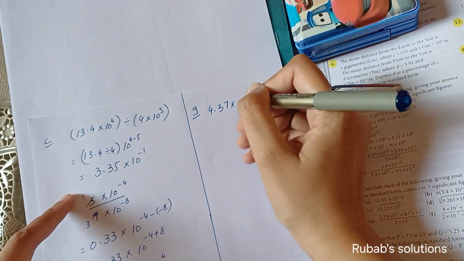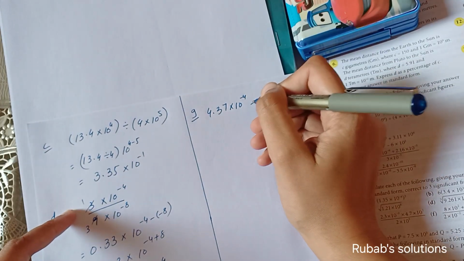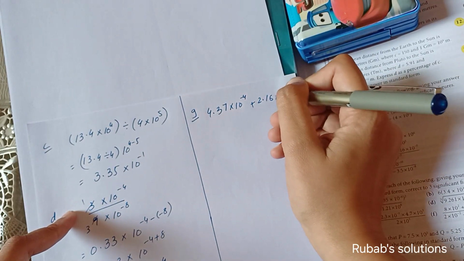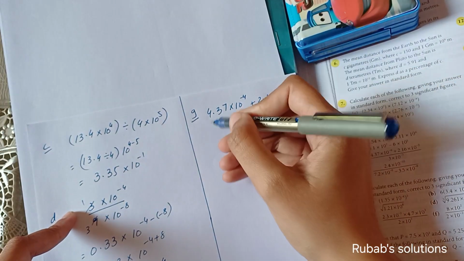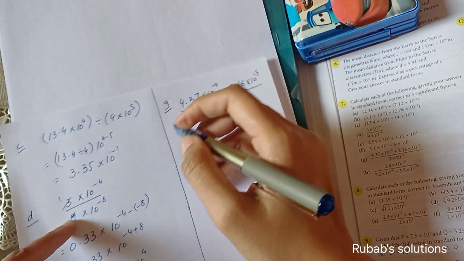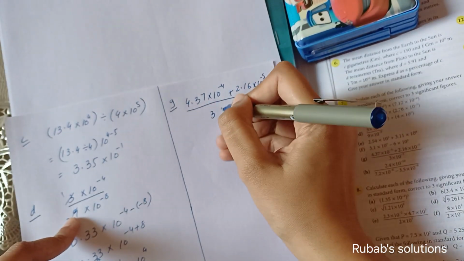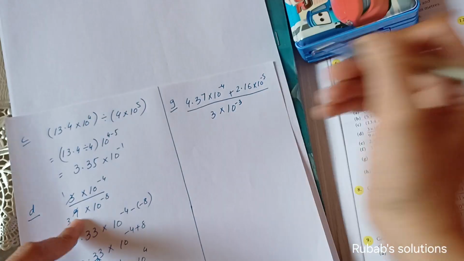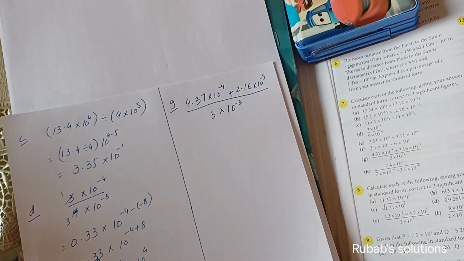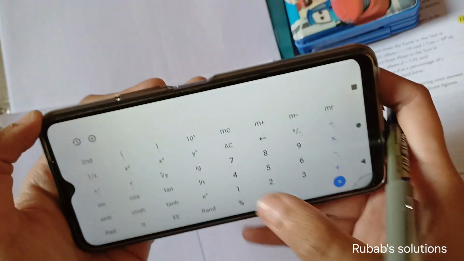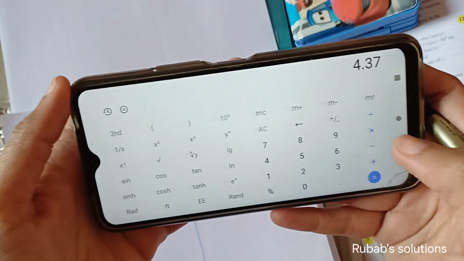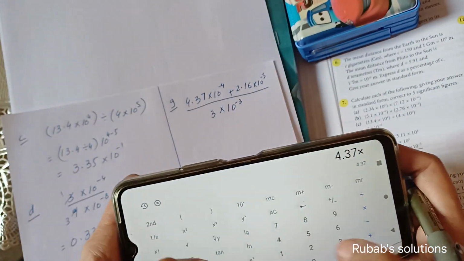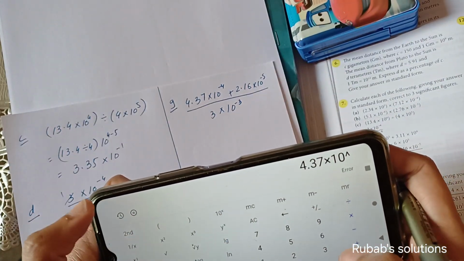Moving towards the next question, that is part G. Part G is 4.37 into 10 power minus 4 plus 2.16 into 10 power minus 5, divided by 3 into 10 power minus 3. Again, by using the calculator we will get the value.